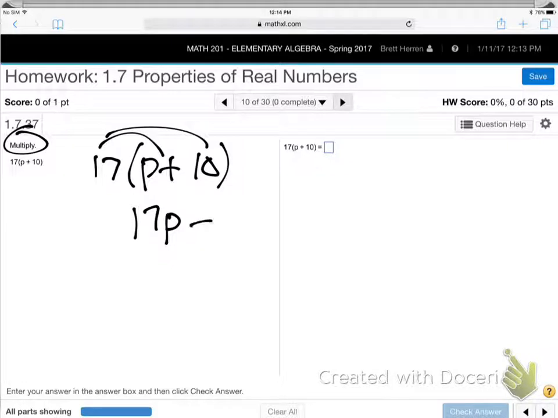So 17P plus 17 times 10, which is 170. Just put the 0 at the back, and that's it. That's all they want. They're just seeing if you remember the distribution rule. Anything in front of parentheses multiplies the things inside. Is that good? It's all review. They assume you really have had this stuff.